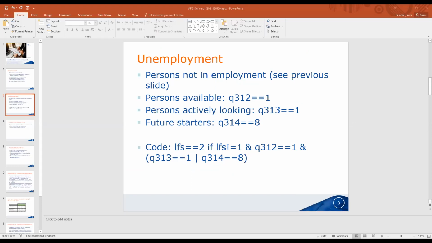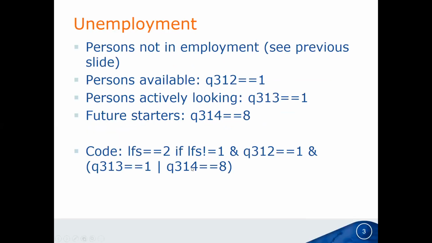Everyone here is going to 312. So everyone who is not in employment is going to answer the question on availability to start work, and then whether they were actively looking with question 313. So based on the skip pattern in your questionnaire, this is fine, and you will have properly all the persons who should have answered questions 312, 313, and 314 for the ones who are not actively looking. Okay, so this should be fine.